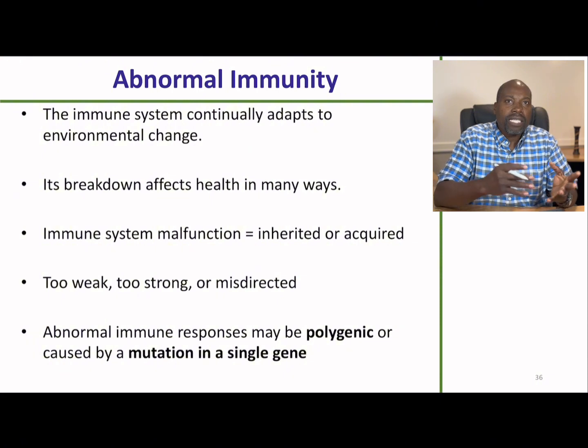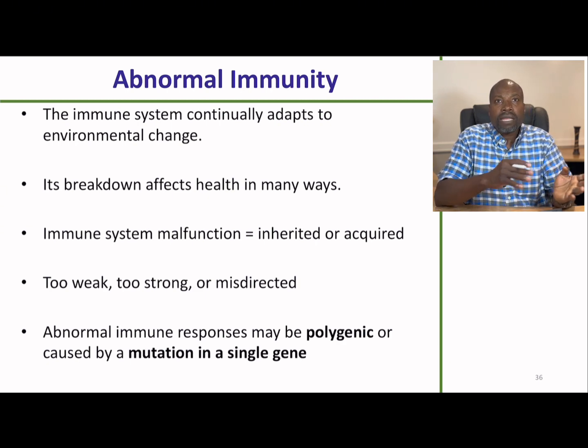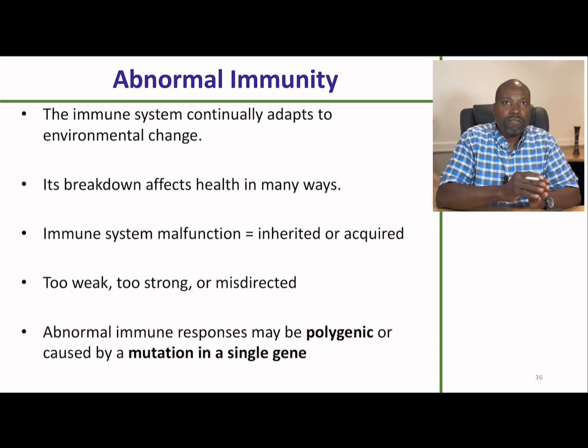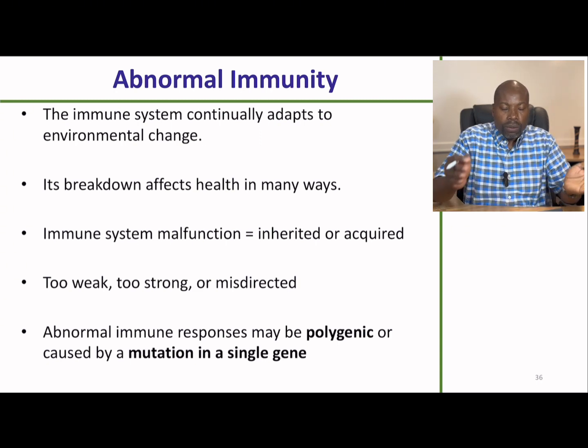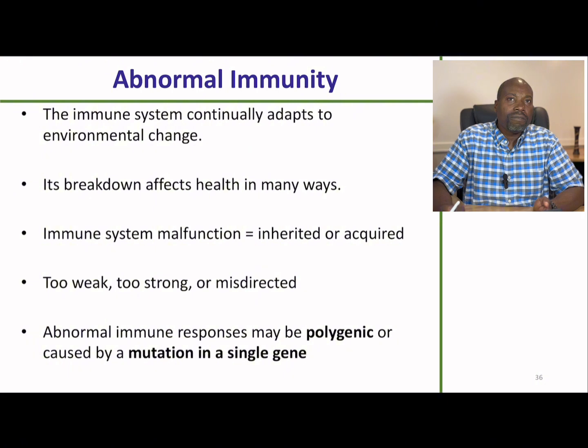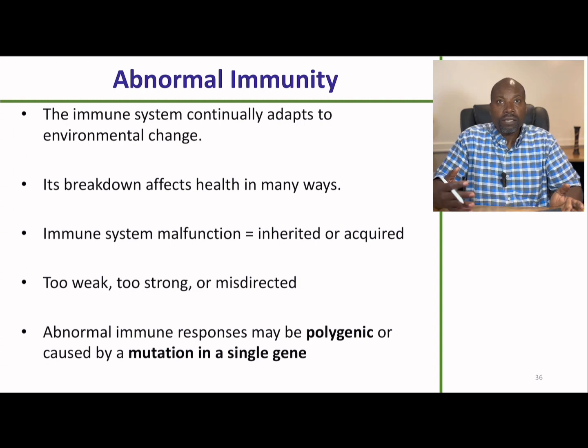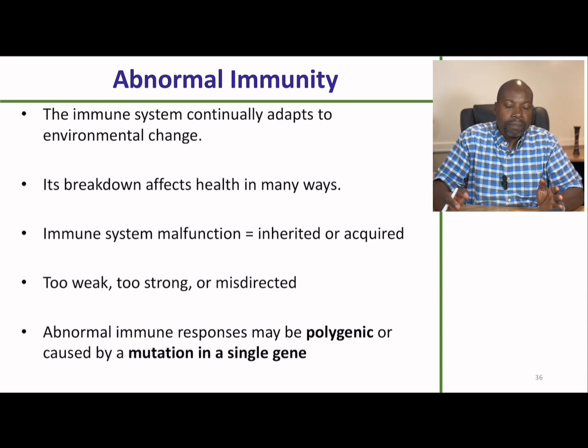Sometimes it can be inherited because a mutation occurred in the gametes, right? And now they are passed down to offspring. So, because of this modification, our immune system can be sometimes too weak, sometimes too strong, sometimes completely misdirected.